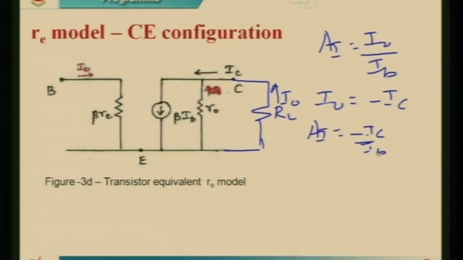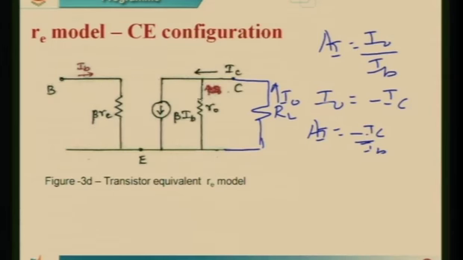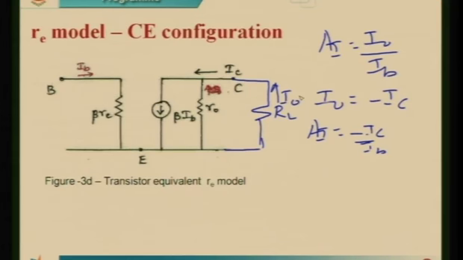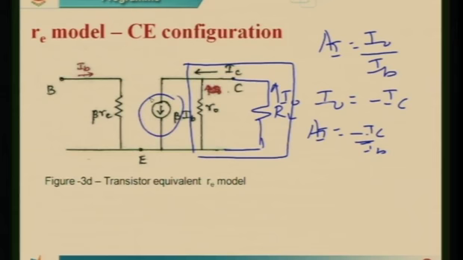Then what is IC? If you assume that R naught is large, then IC is approximately equal to beta times IB. But I naught is the current flowing through the load resistance RL, and the RL and R naught combination is driven by a constant current source.